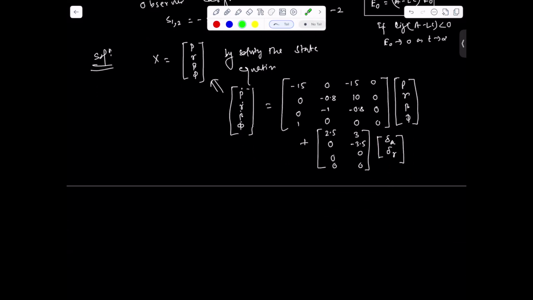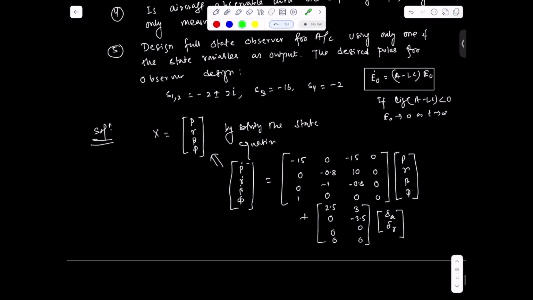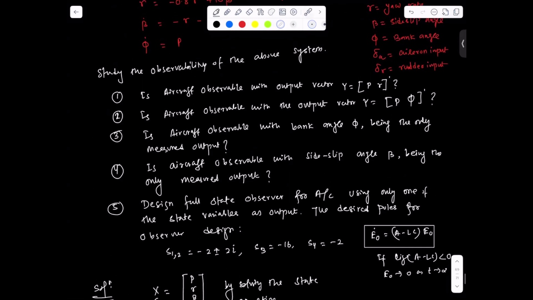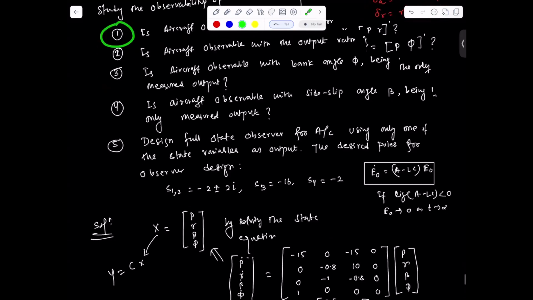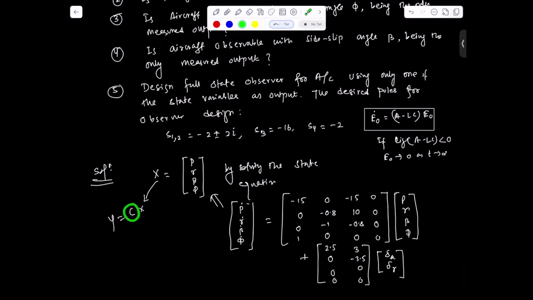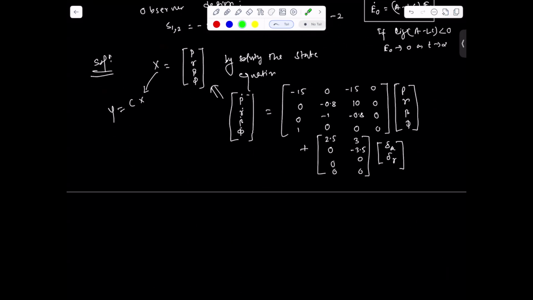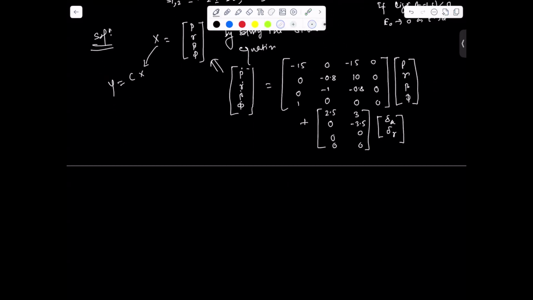Now out of these states, we take a few as y equal to Cx. Based on the question, we can find C. So let's start with question number 1.